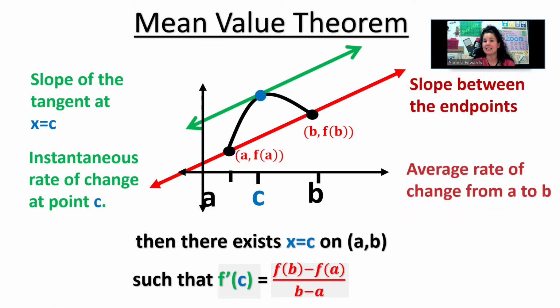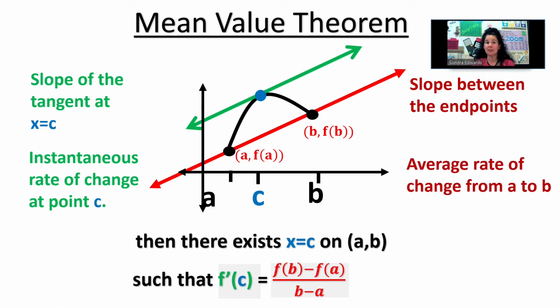And so that ends up being the average rate of change. So the meaning behind the mean value theorem is we know that there's going to be some time, some c between a and b where the instantaneous rate of change is equal to the average rate of change.